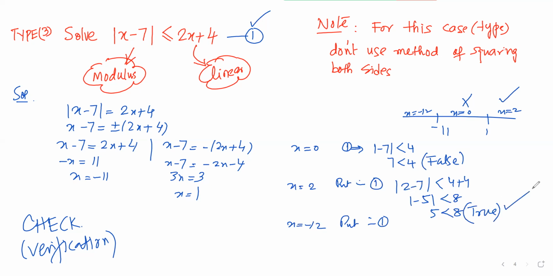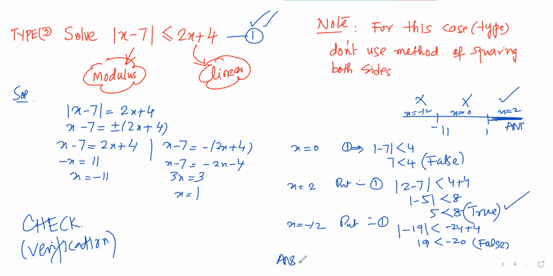Now minus 12 minus 7 is minus 19, modulus 19, is less than minus 24 plus 4, which is minus 20. 19 is less than minus 20 is false, incorrect. So reject this part. So the only tick is here, and this is your answer.